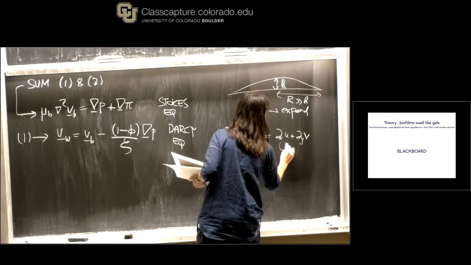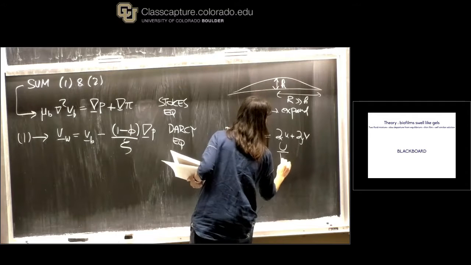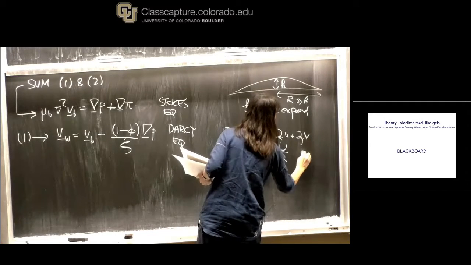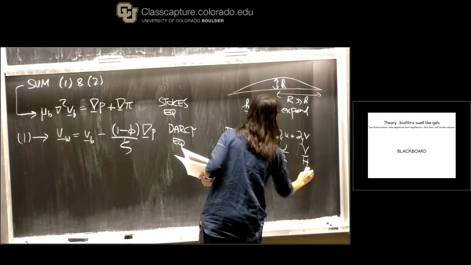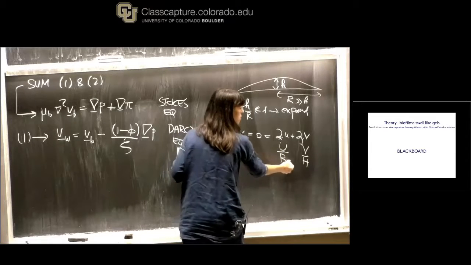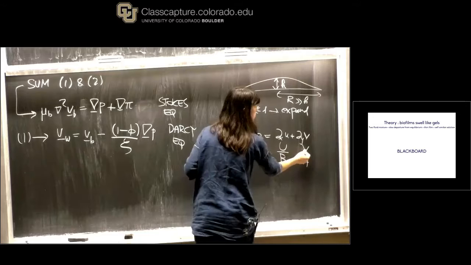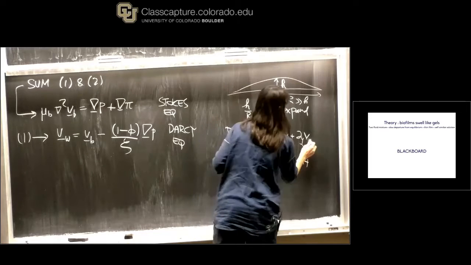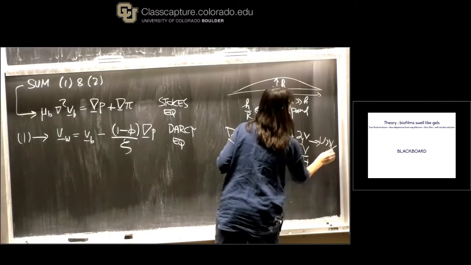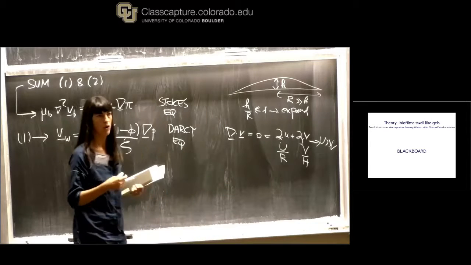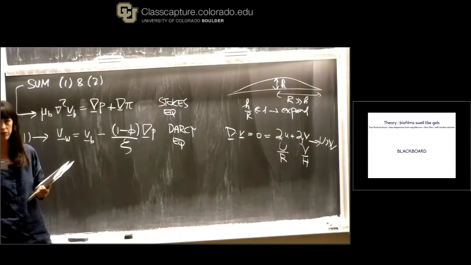If u is estimated as u divided by r, and this term as v divided by h, then because r is much larger than h, u must be much larger than v. This is the key for typical thin film models.